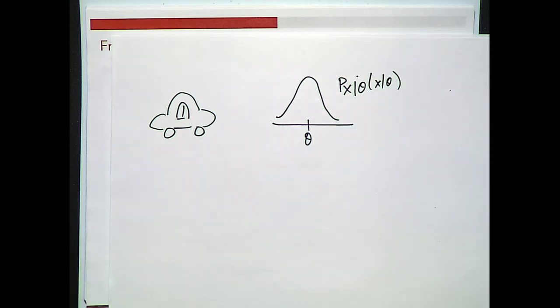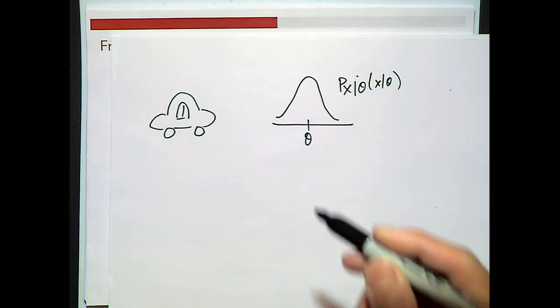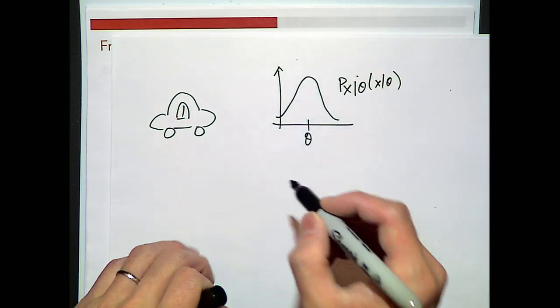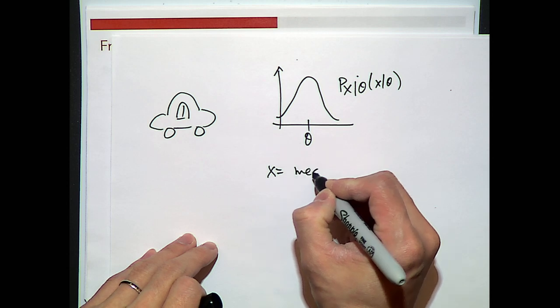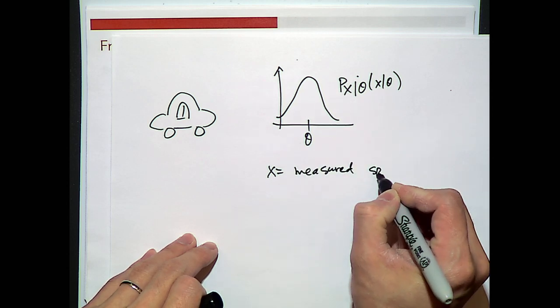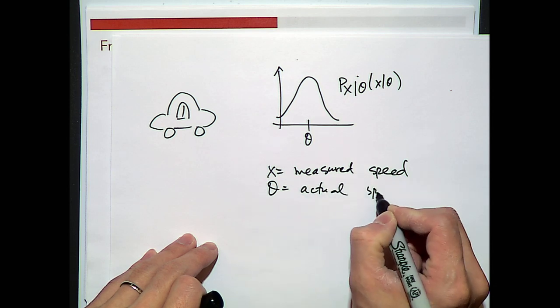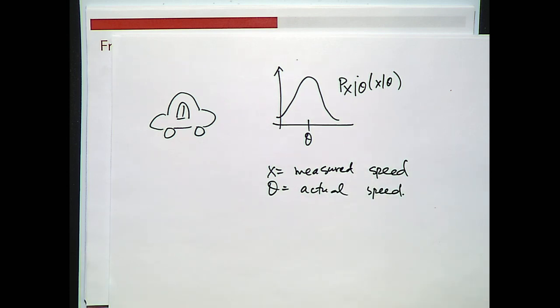Theta is your mean, and x is actually your sample. So x is the measured speed, theta is the actual speed. Now you have the actual speed, and there is a measured speed. The measured speed, because of the uncertainty of the device, has a certain distribution. Is that clear? All right, so you have x and theta.